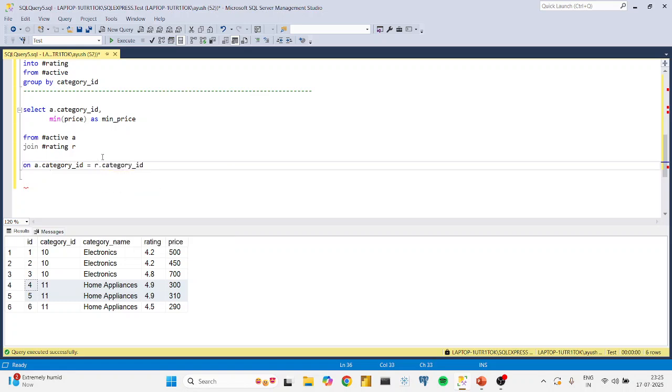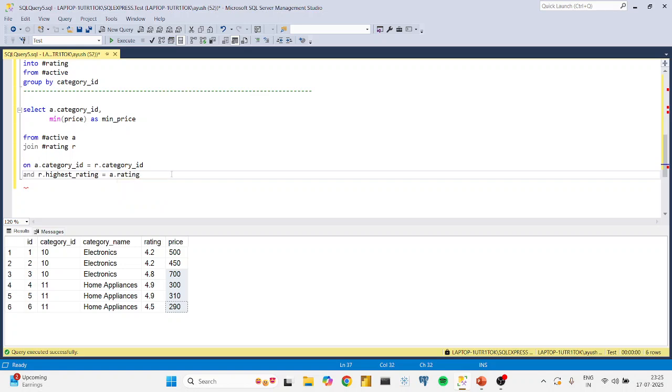Now here is the tricky part. So again we have just joined it by the category id, so it is going to fetch the minimum product for each category. So it will fetch this 500 for 10th, and it will fetch this 290 for 11th, but we have to find it for the highest rated product. So for the highest rated product, what we are going to do is, and r dot highest rating is equal to a dot rating.